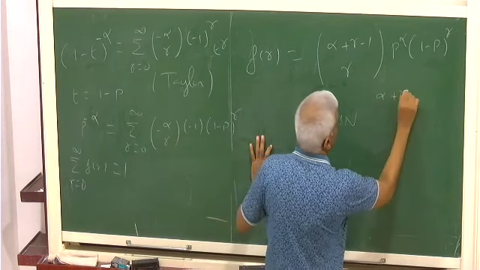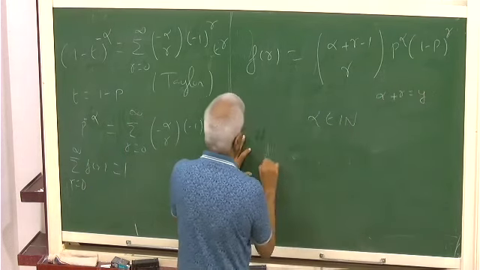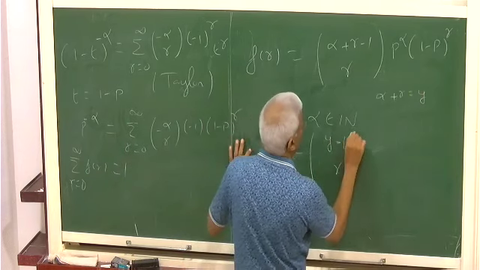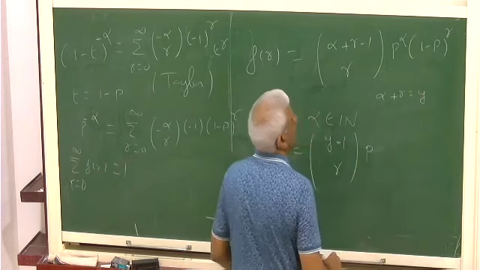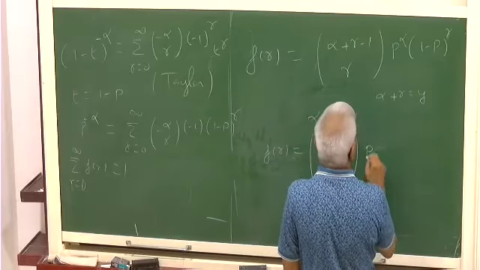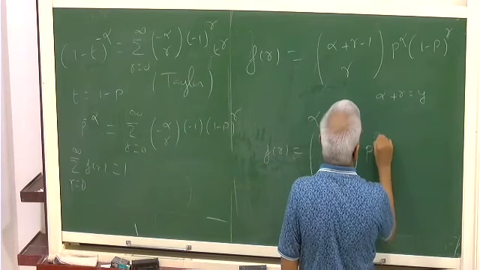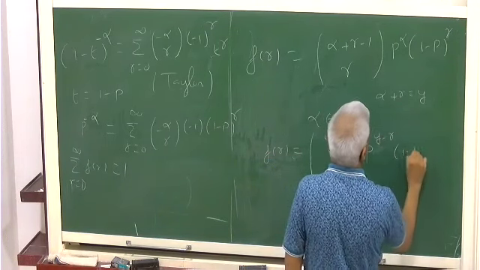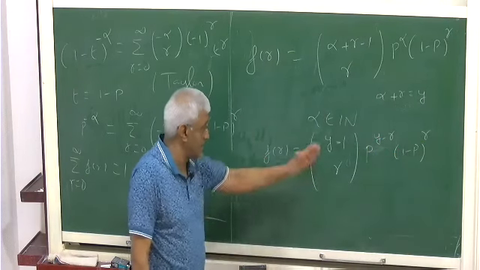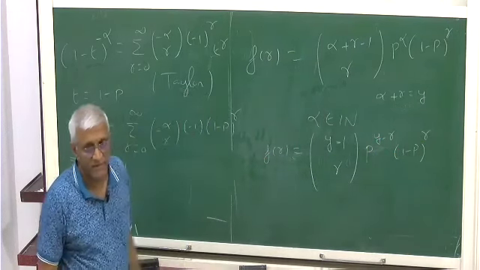Call alpha plus r equal to y. Then this becomes f of r equal to y minus 1 choose r, p of alpha is y minus r, right? Y minus r, 1 minus p power r. Okay, y is a number.